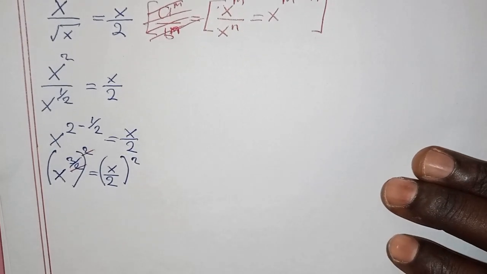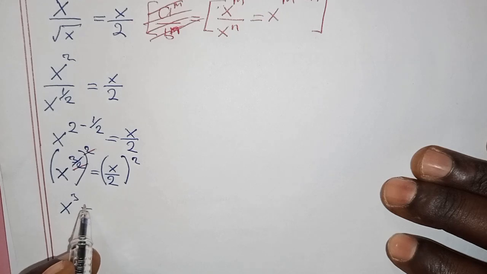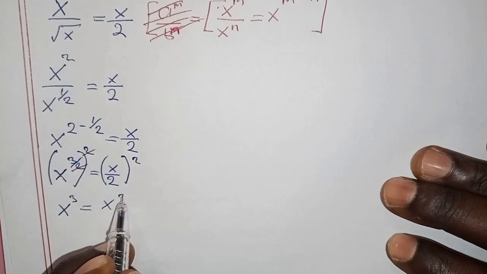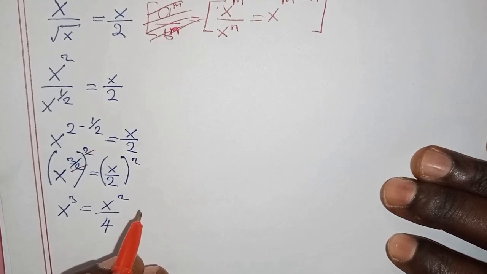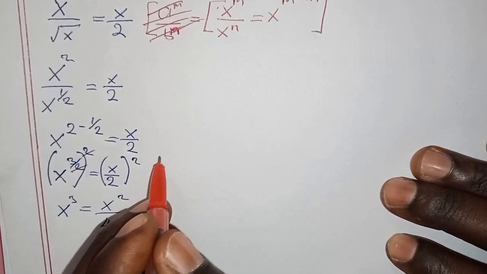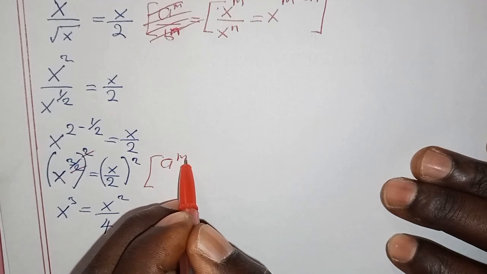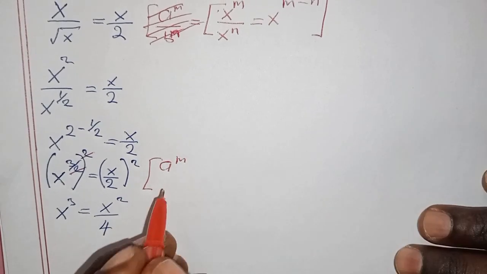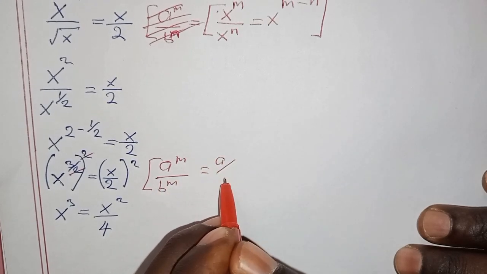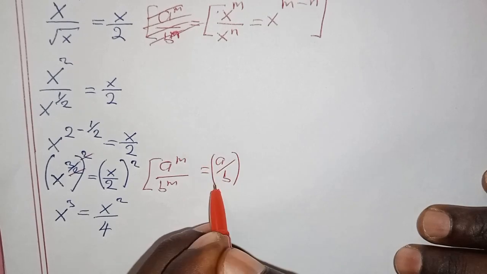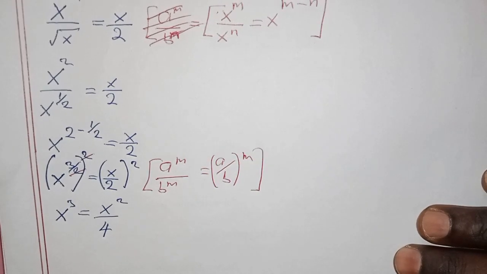So going a little bit further, we can now have x cubed is equal to x squared divided by 4. Why? Because whenever I have a to an exponent of m divided by b to an exponent of m is equal to a divided by b whole to an exponent of m, that means we are using common power.